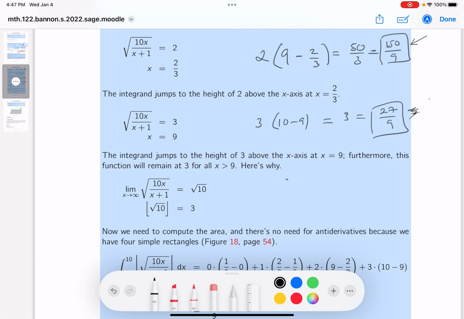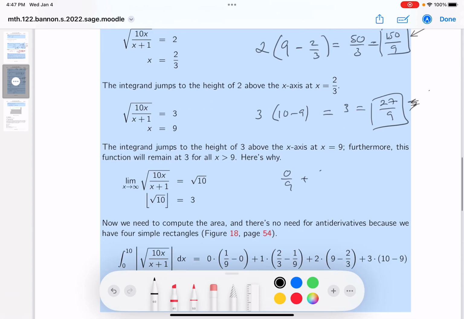First rectangle was 0/9. The next rectangle was 5/9. And again, I'll show you a better picture later. 155/9. And the last one was 27/9. They're ninths. And what do you get over there? 155 and 27 is 182.